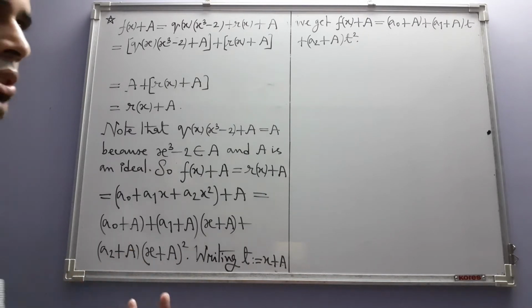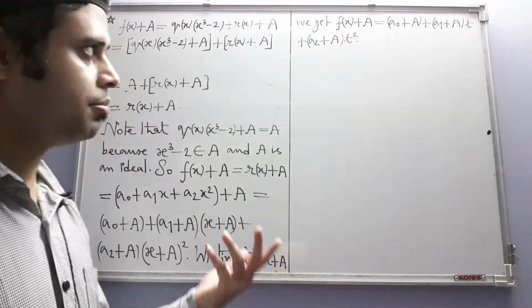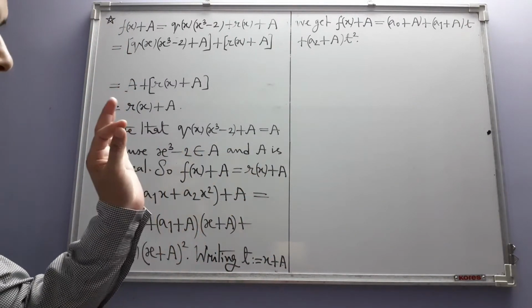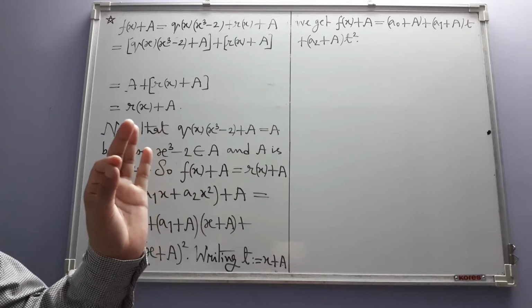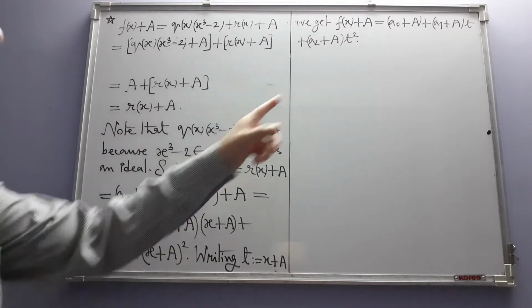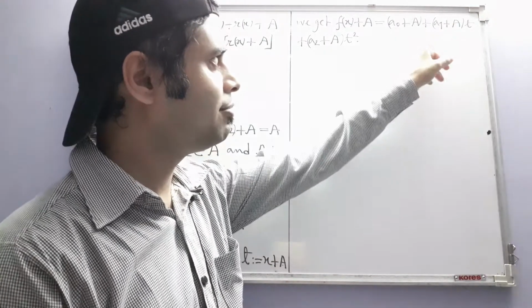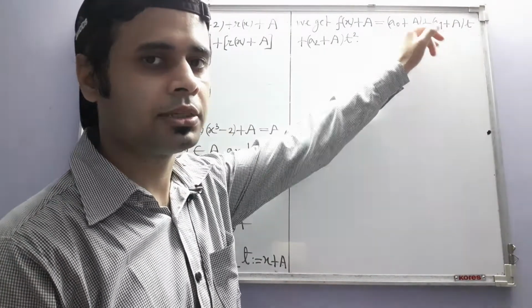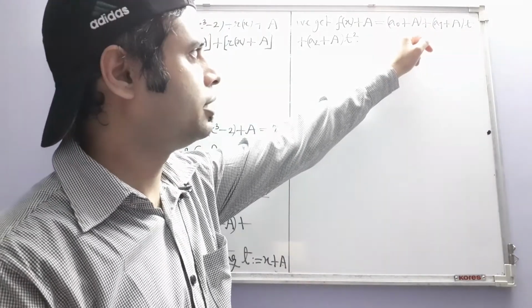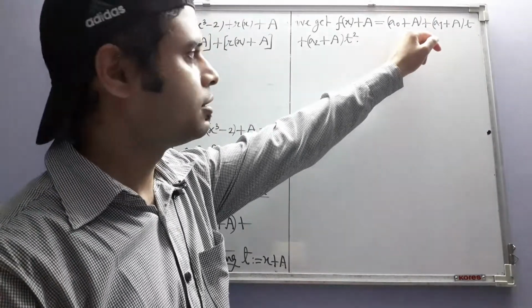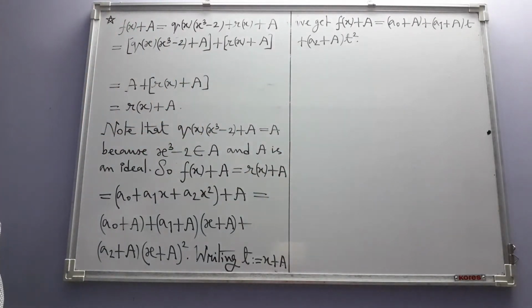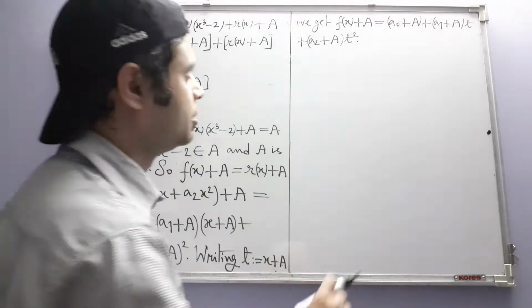You would say, of course that will be a mistake, because a naught plus A is a coset of capital A. However, single a naught is just a field element. If I replace this a naught plus A by simply a naught, then it does not make sense. How can I add a field element to cosets? That does not make sense.